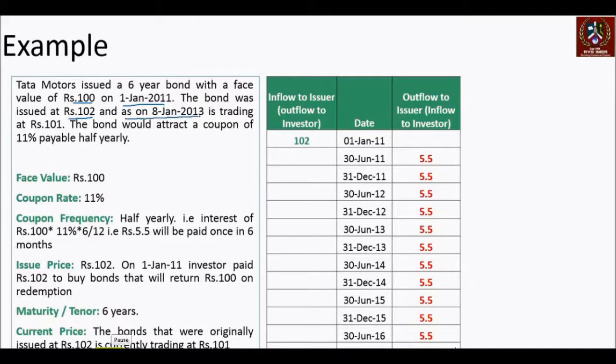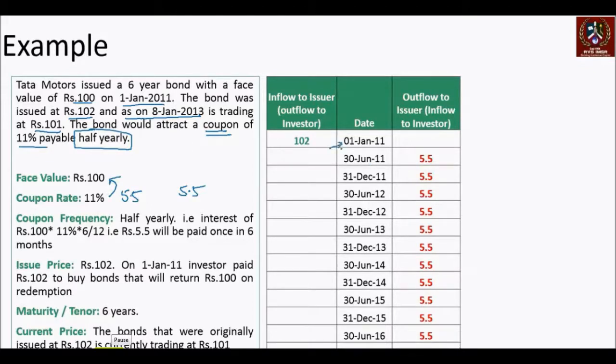And as on 8th Jan it is trading at 101. The bond would attract a coupon rate of 11% payable half yearly. 11% payable half yearly would mean 5.5 and 5.5. Remember, 11% of the face value of 100. So that's the payment schedule.